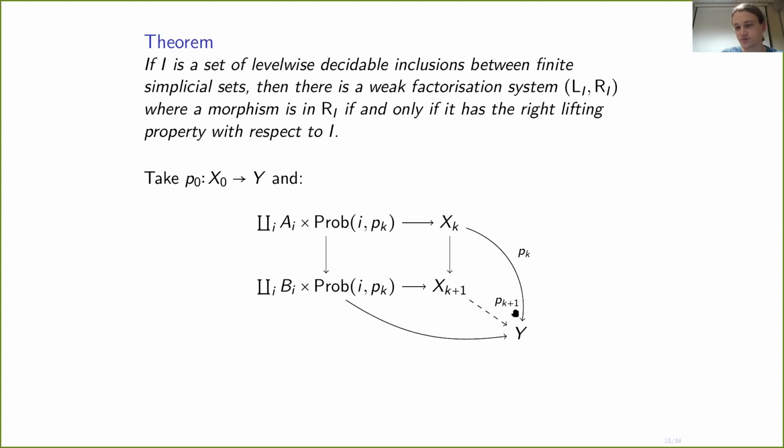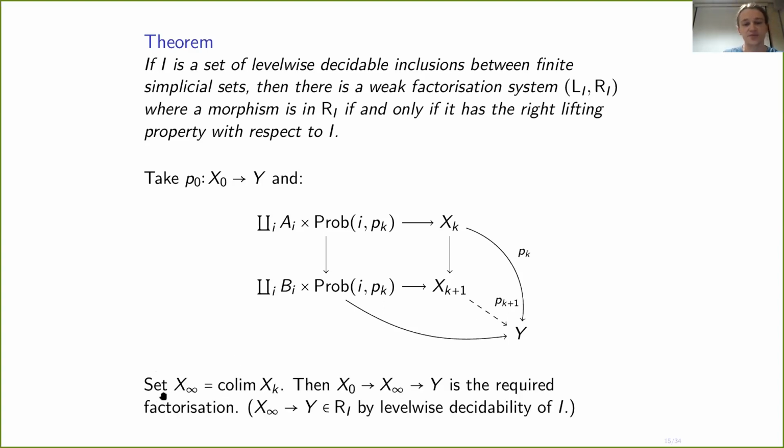And here I will obtain P1, and I'm going to go on, and I will do it countably many times. I will take a colimit at the stage of omega, and this is going to be my X infinity. This will provide me with two maps, X0 to X infinity and to Y, which is going to factor my original map. And it is fairly obvious that this first map is in L. That's because it was obtained by standard operations like coproduct and pushout, and those preserve left lifting properties.